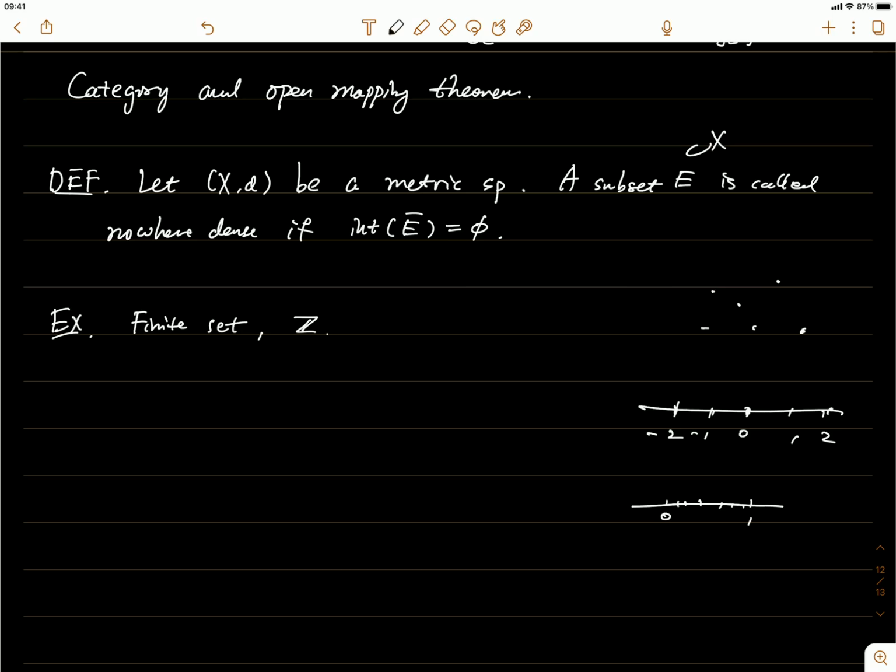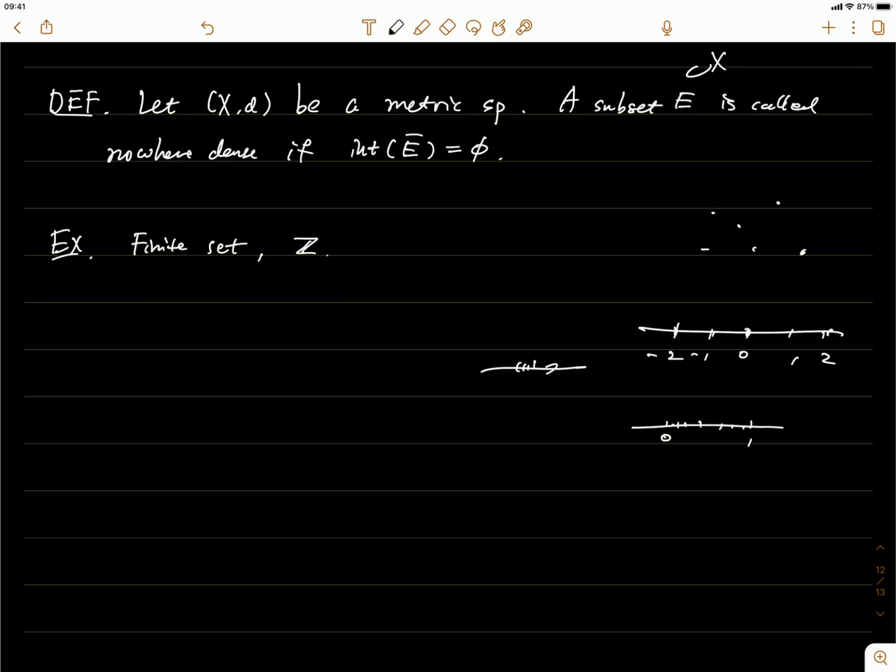If you take the closure of that, it will still be the same set because it's already closed, but there's no interior point because no matter which point you're looking at, when you draw a neighborhood of it, it must contain something that is not in the set. So none of the points in the Cantor set is an interior point. Okay, so there are some examples like this. This is called a nowhere dense set.